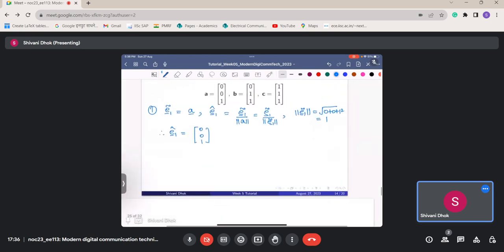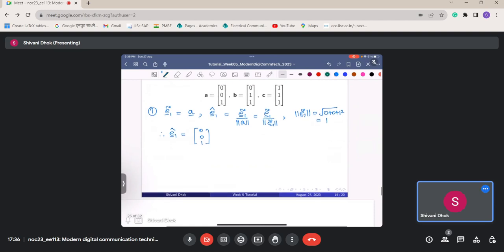Okay, so this is e1 hat. Now let us find what is e2 hat. For that, let us consider an intermediate vector, which is e2 tilde. This will be B minus B dot e1 hat multiplied by e1 hat. So B dot e1 hat is equal to (0, 0, 1) dot product with (0, 1, 1), and this is equal to 0 plus 0 plus 1, which is equal to 1.